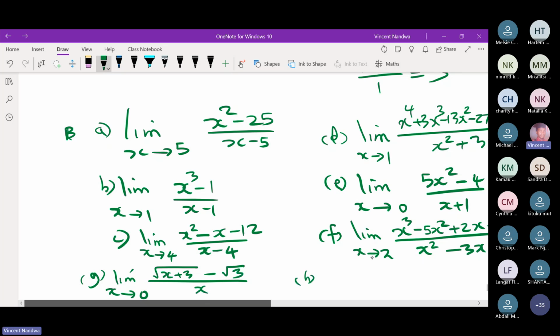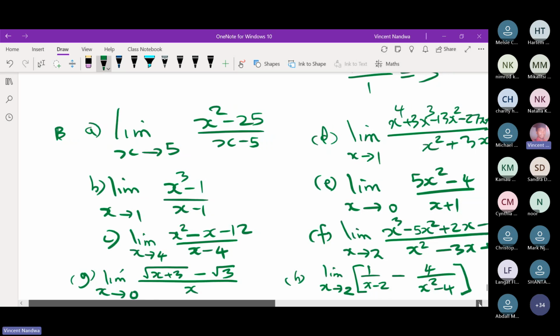Then we have the limit as x approaches 2 of 1 over x minus 2 minus 4 over x squared minus 4. So write those problems. You'll try them at your own free time.